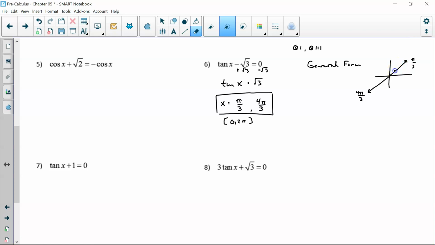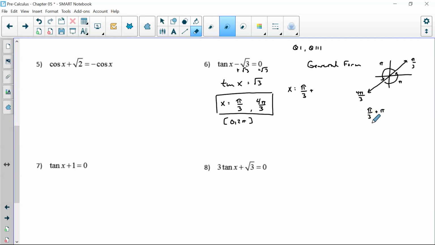Now, pi over 3 and 4 pi over 3, they're pi units away from each other. And then if I keep adding pi, I'm just going to keep going from one solution to the next.